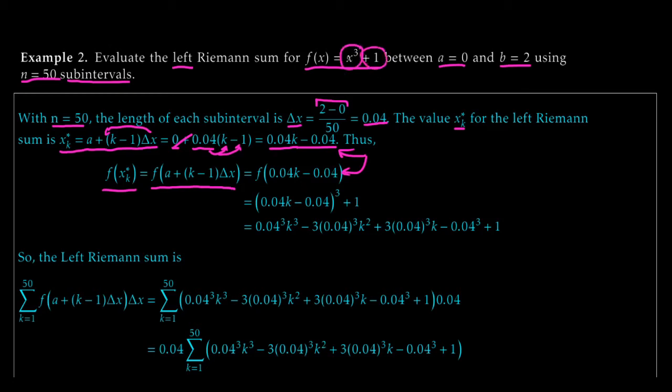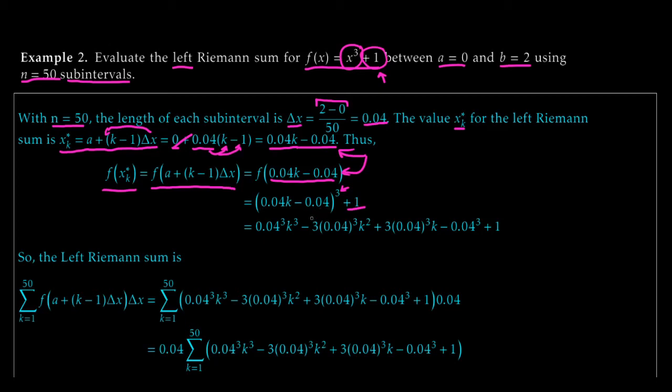So I'll just replace that x right there with what we've got here, 0.04k minus 0.04. So I get (0.04k minus 0.04) all to the third plus 1, since I've got that plus 1 at the end there. Cool. All right, so I've got (0.04k minus 0.04) to the third.